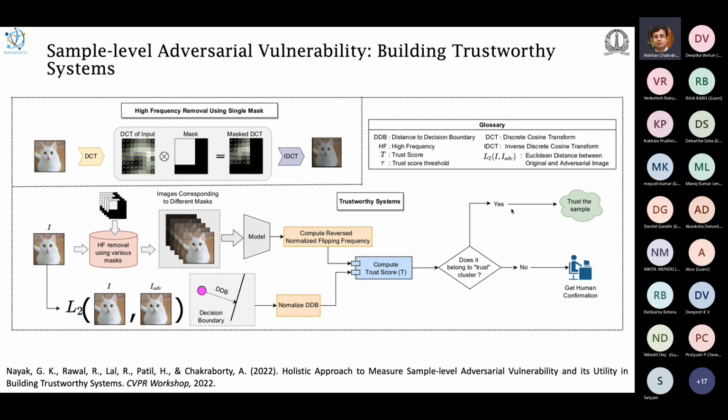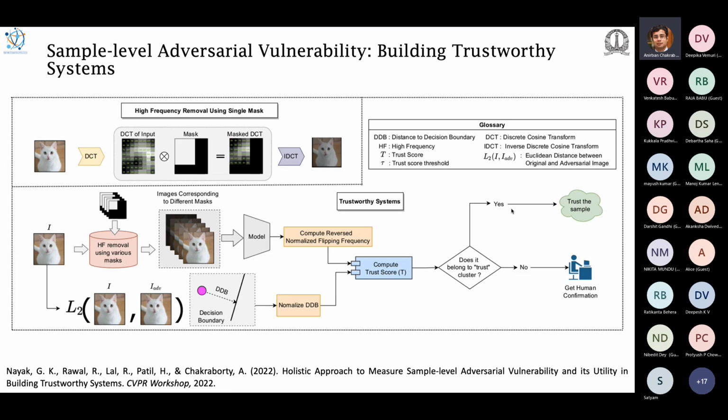We combine that with the distance to decision boundary aspect, and finally we show that you can use this kind of holistic measure not only to understand which samples are more vulnerable, but you can also build a trustworthy system, basically.